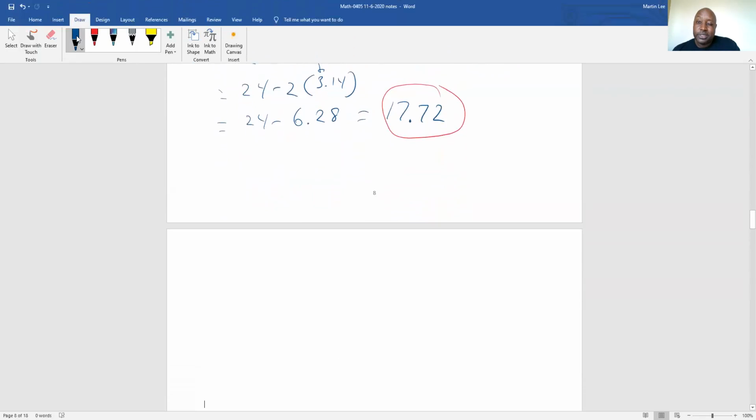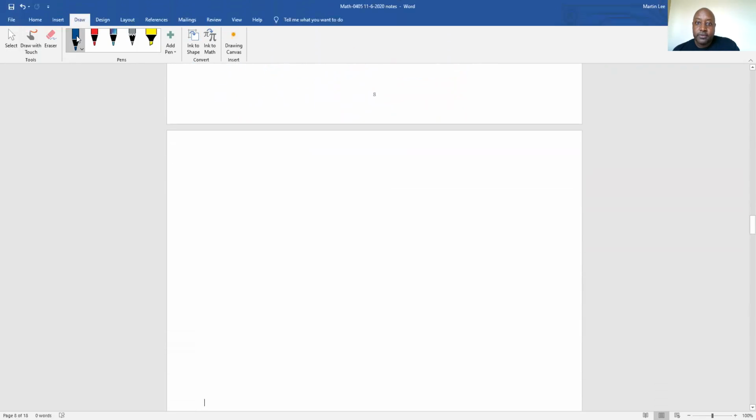So now we have 2 problems for Pythagorean theorem, and that'll be it. Okay, so when we have triangles that have a right angle, you have 2 legs.